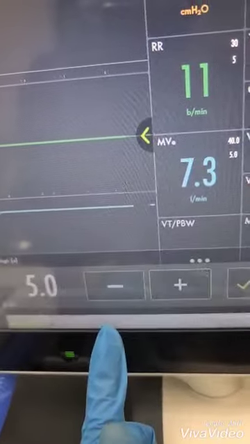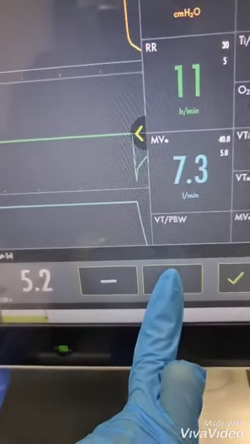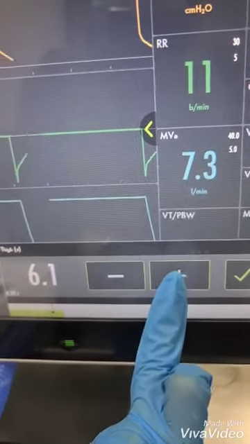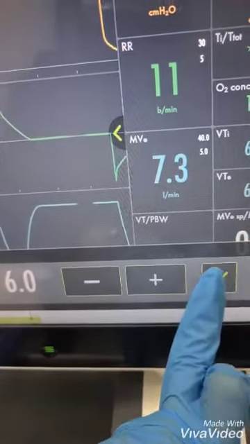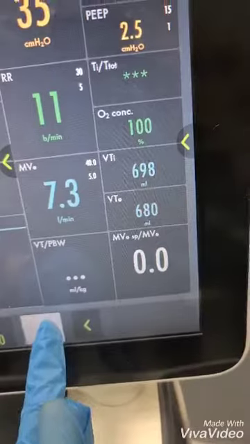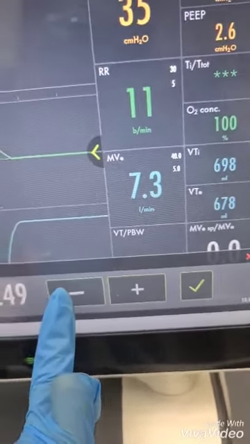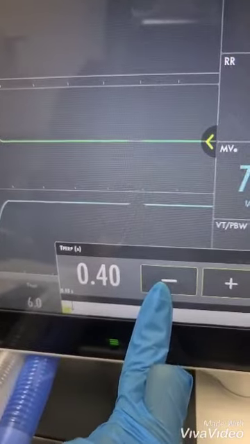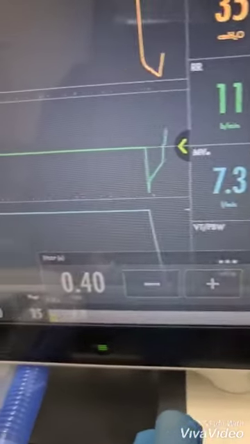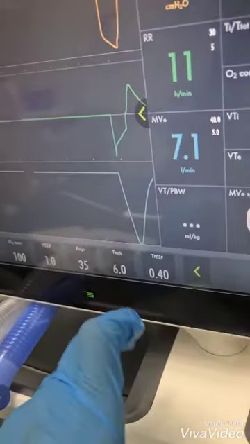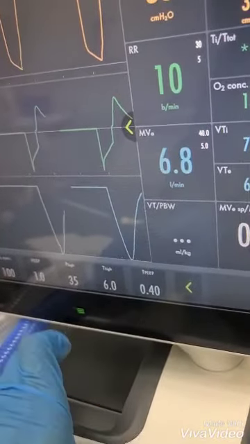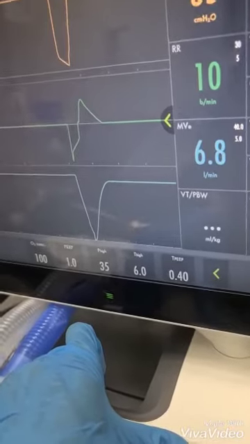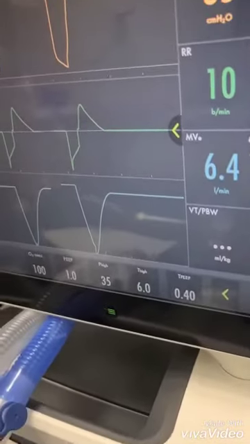And you will increase your T-high to 6, sometimes to 8, but watch out for CO2 retention, and you will decrease your T-low. Let's say I will keep it around 0.4. I will confirm. After this manipulation, you want to do an ABG, then you will assess your PaO2 for oxygenation.